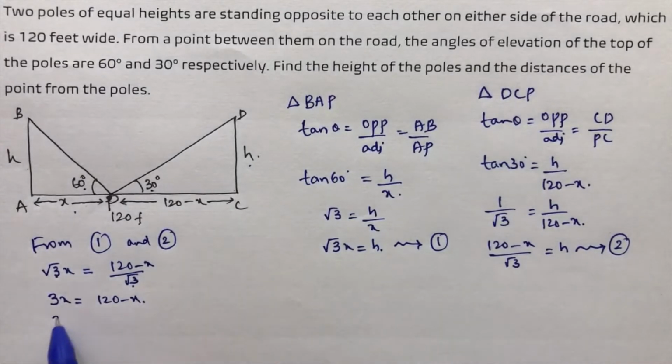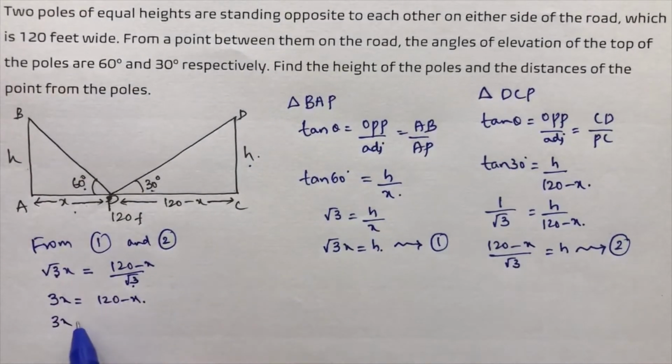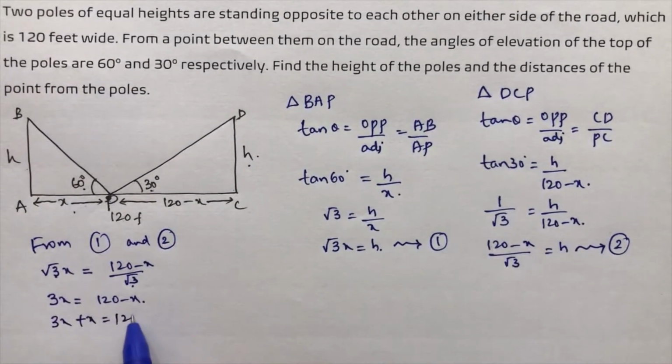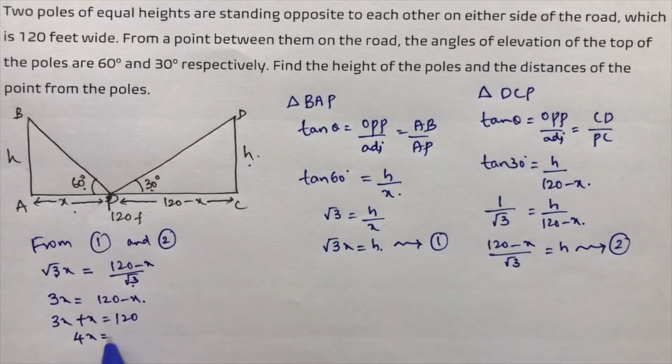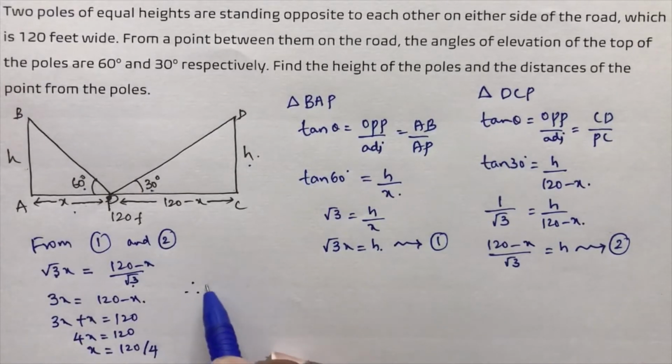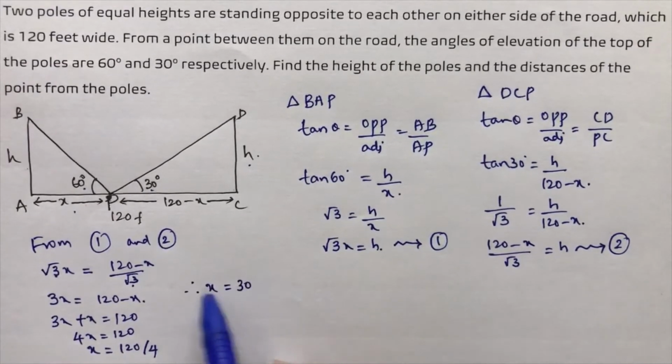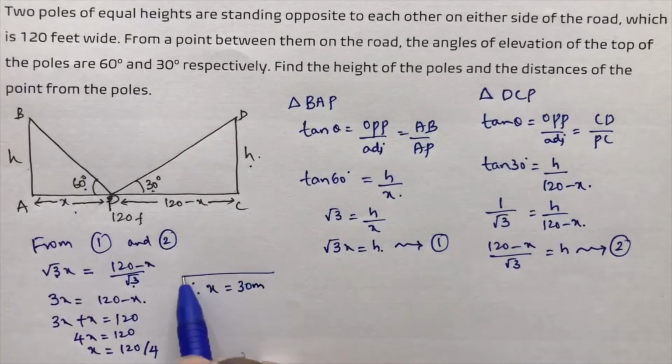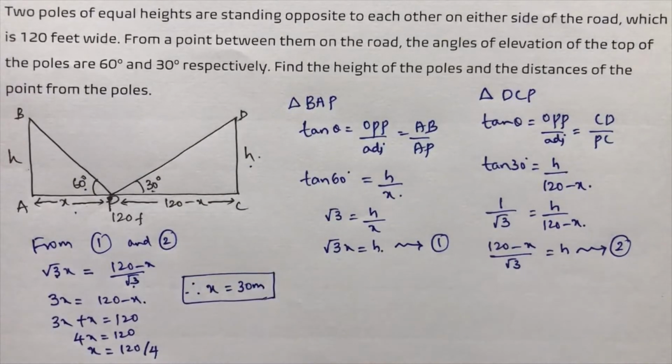Now if I transpose this minus x, it will become plus x. So 4x is 120, so x equals 120 by 4. Therefore the value of x is 30.